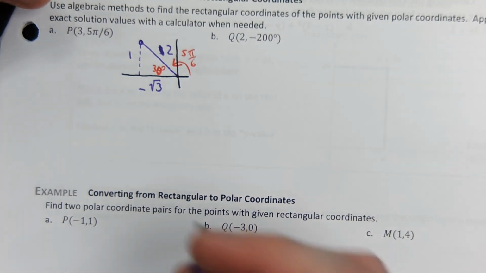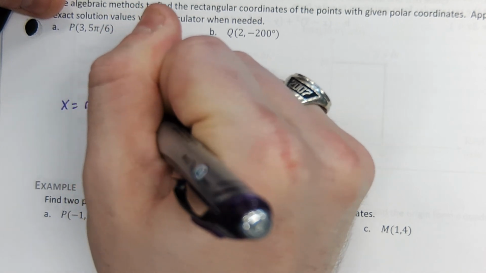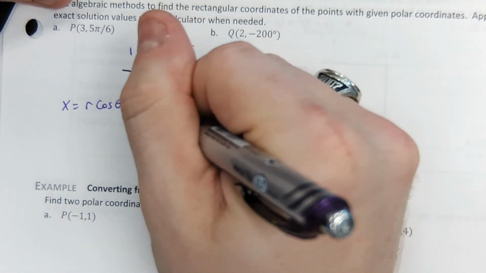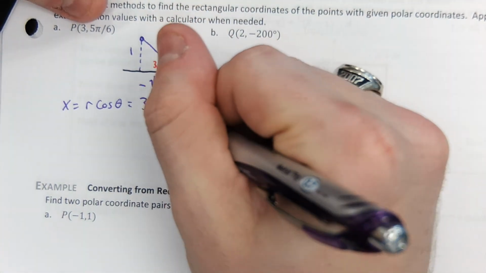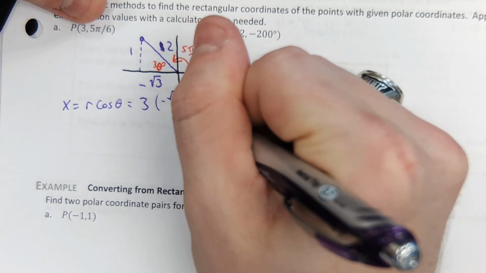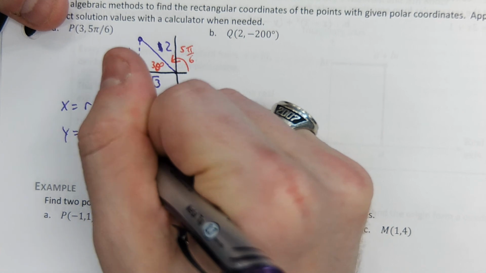Okay. X is r cosine theta. So for us, that is going to be 3 times cosine, x over r, negative root 3 over 2. And y is r sine theta.